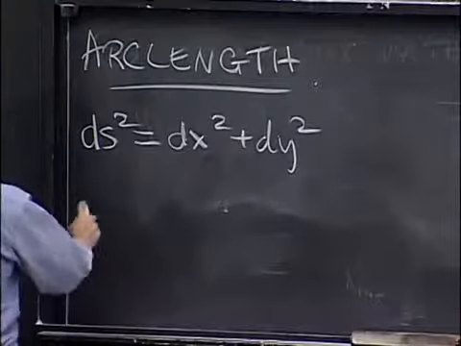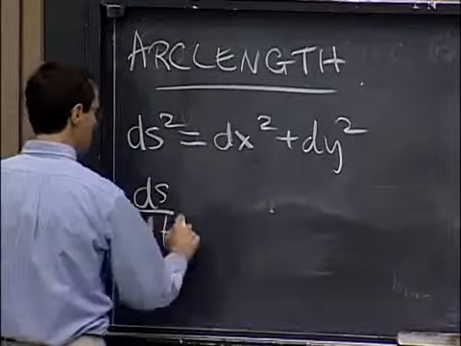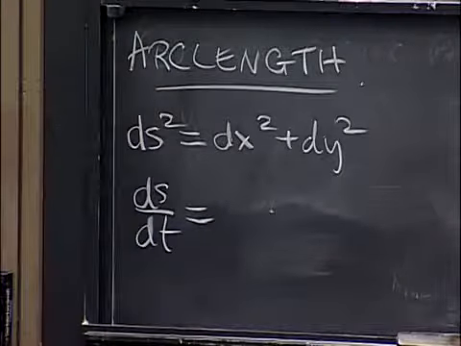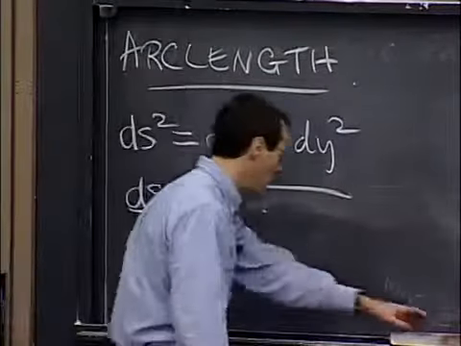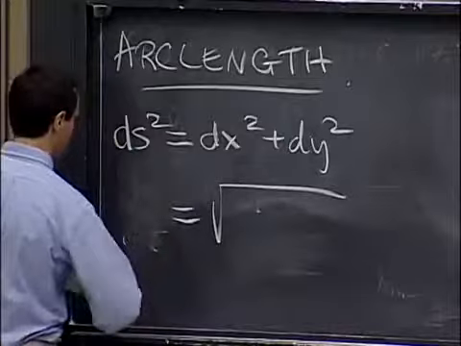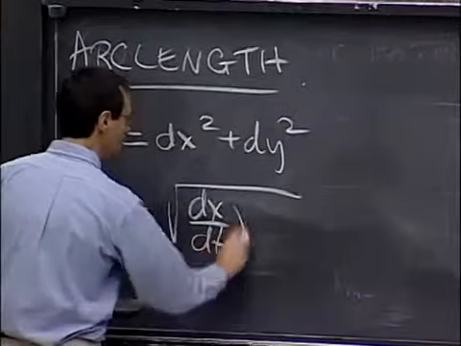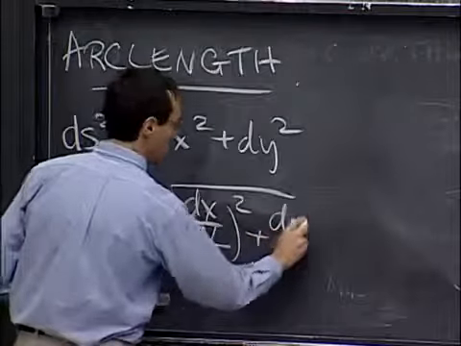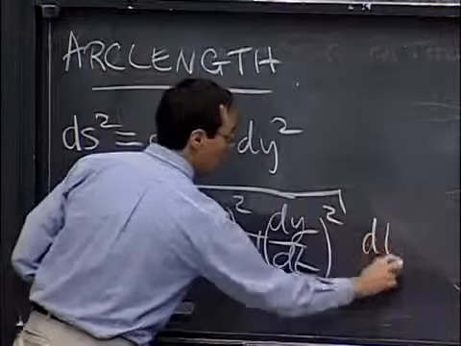And then I'm going to take the square root, divide by dt. So the rate of change with respect to t of s is going to be the square root. Well, maybe I'll write it without dividing. I'll just write it as ds. So this would be the square root of the quantity dx dt squared plus the quantity dy dt squared, times dt.